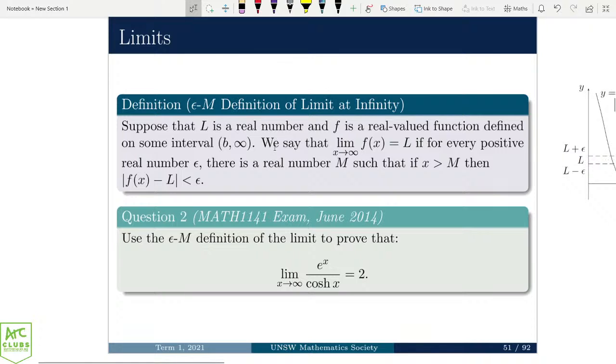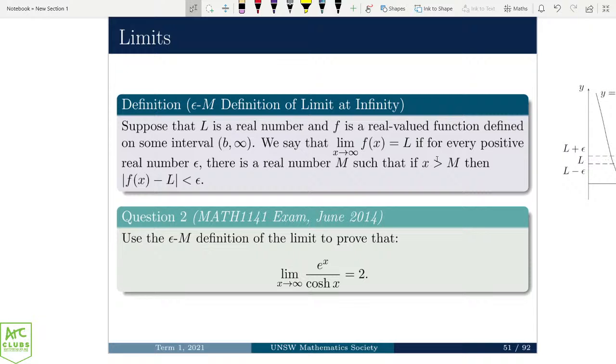We say that the limit of f(x) as x approaches infinity is equal to L if for every positive real number epsilon, there is a real number M such that if x is greater than M, then the absolute value of f(x) minus L will always be smaller than epsilon.